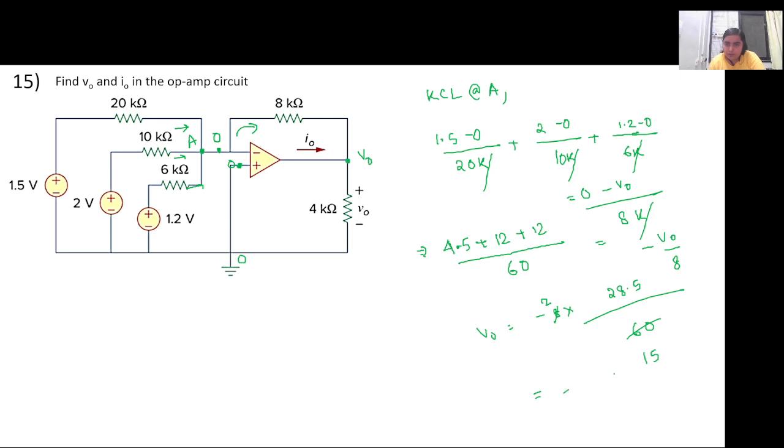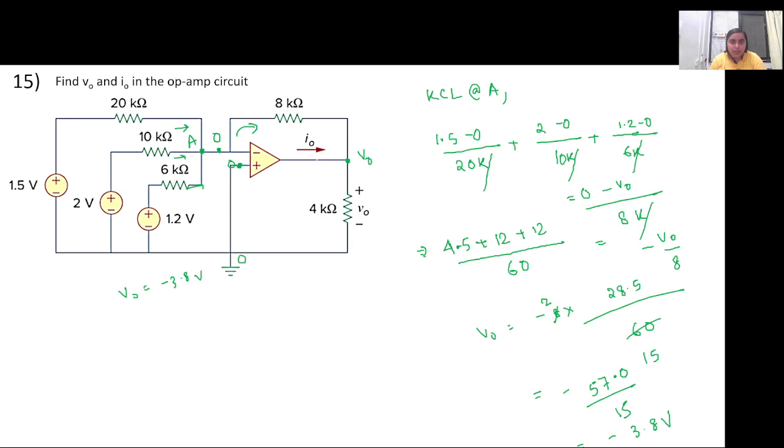If I just multiply it by 2, it will be 57 by 15, right? So this will be equal to minus 3.8 volt. So V naught we have calculated to be minus 3.8 volt.